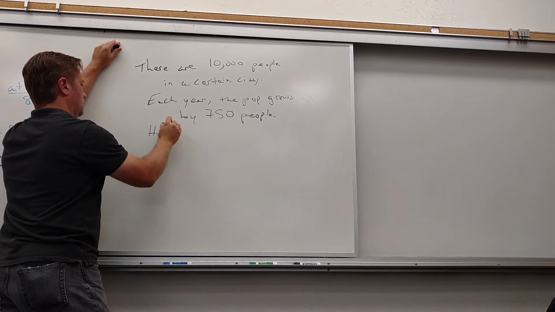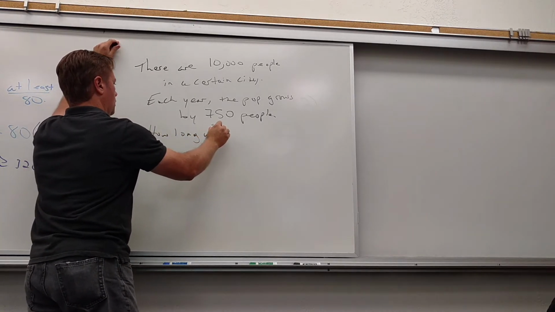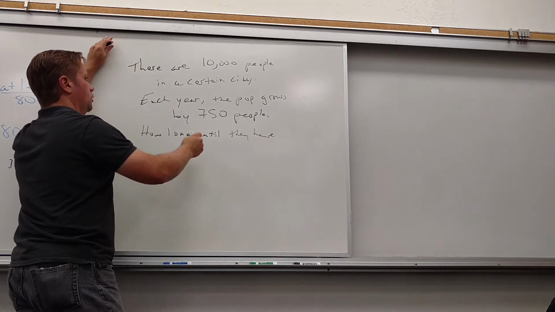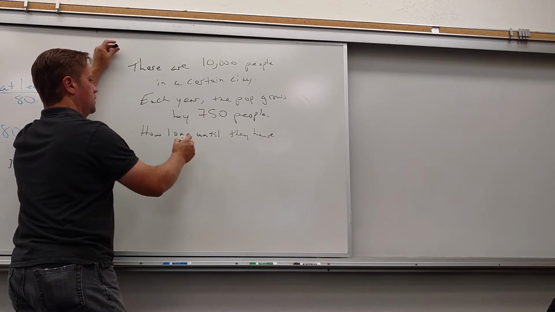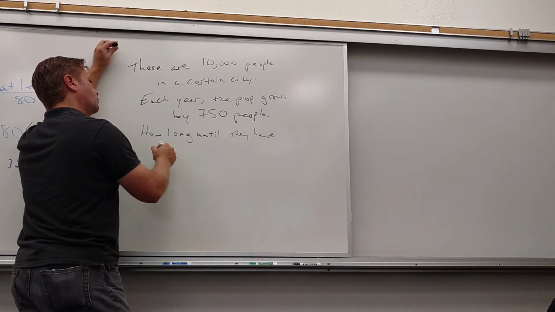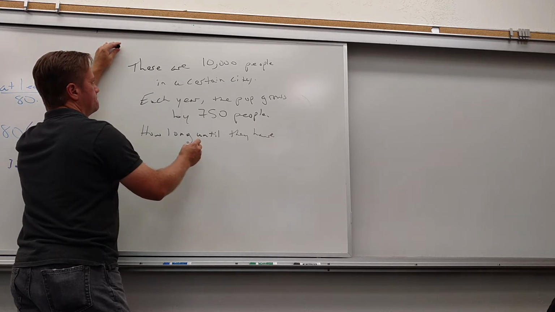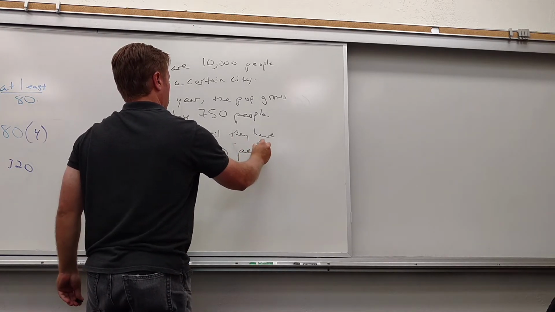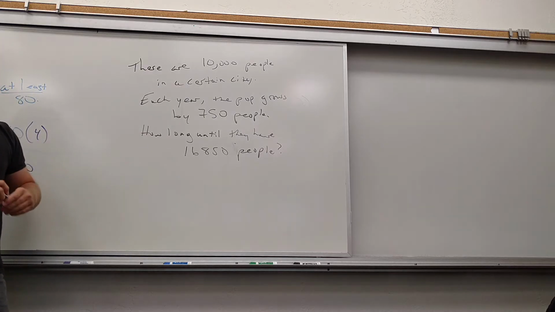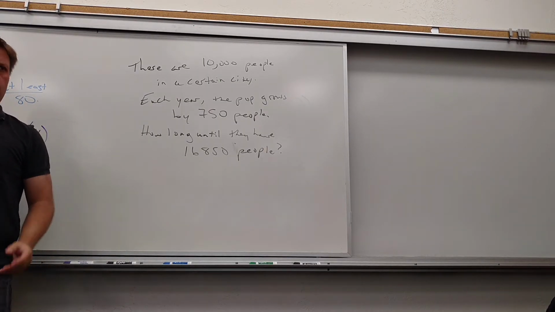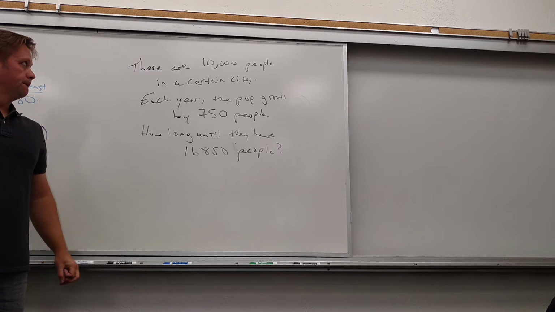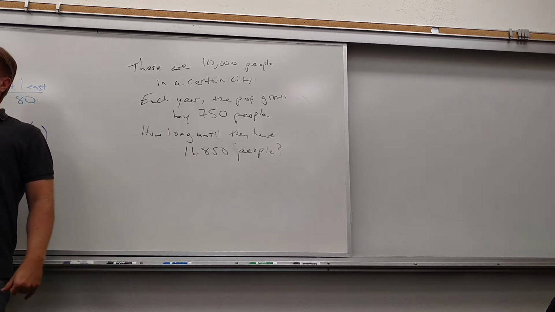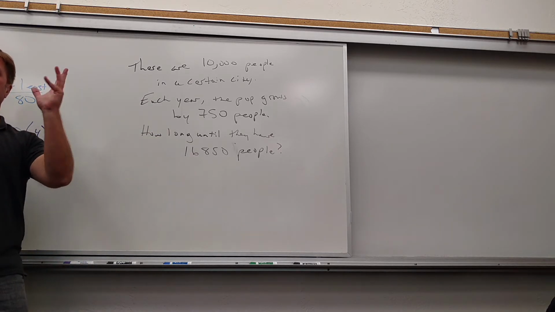How long until they have 16,050 people? So they like this kind of problem in this book. Which makes sense. It's a problem that happens all the time. Population growth, stuff like that. Or even just losing people if you're losing too many people.